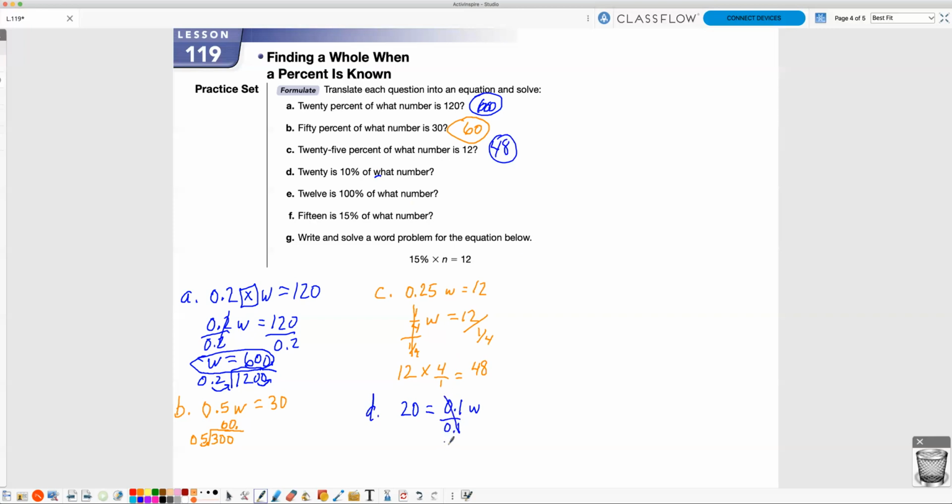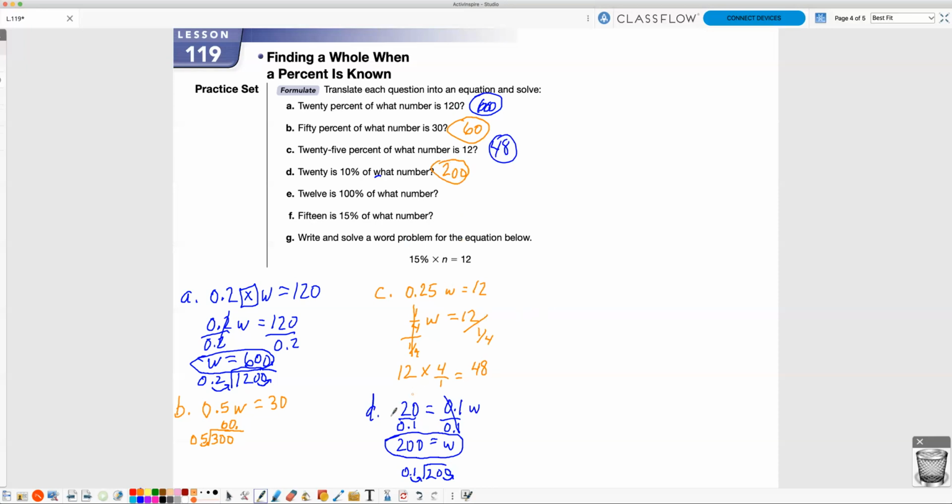So now W is by itself on this side, and this side would be 20 divided by 1/10. And I need to move the decimal over on this one up against the wall. And that means I need to move the decimal over here and add a 0 in there. It's 200 divided by 1. So that means W will equal 200 in this case. So that's what I need to put for the answer. 200 would be my choice.